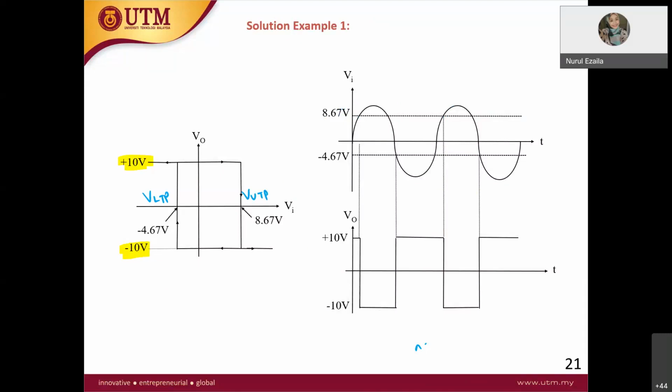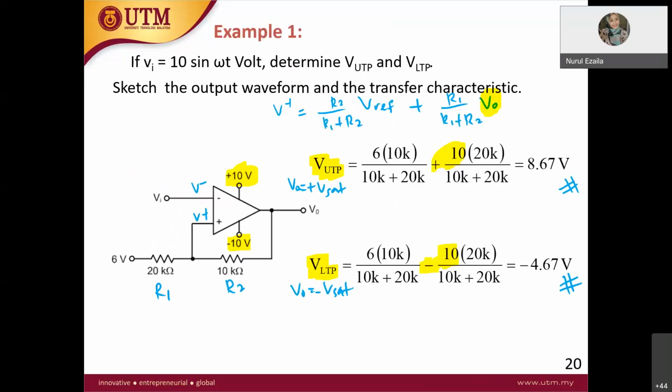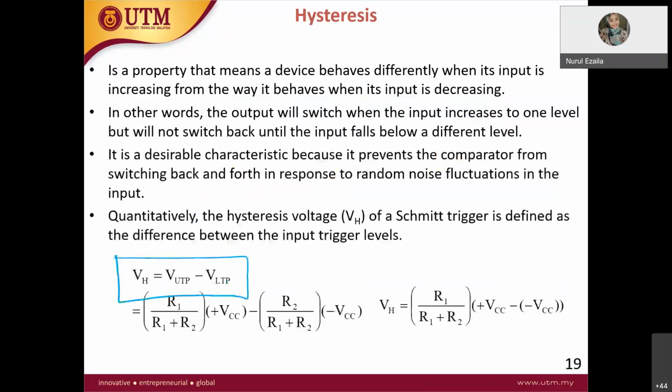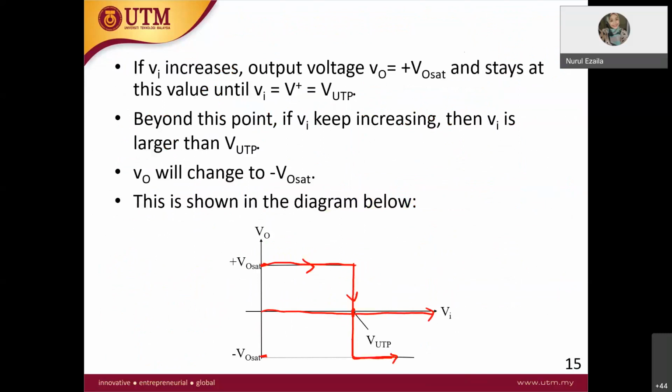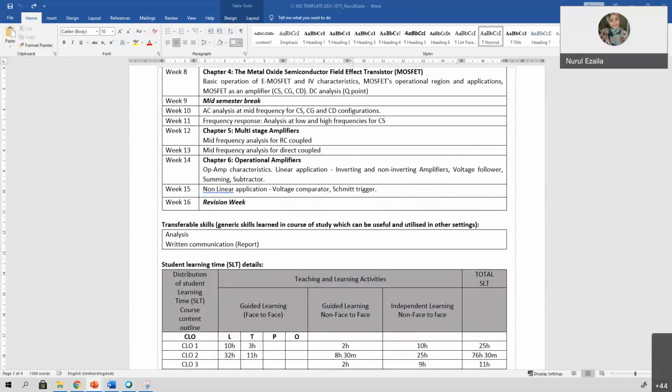But the question asks you another thing, which is sketch the output waveform. So how to sketch the output waveform? It is the same thing as in the comparator just now, where you have to compare the condition. Let's do it together.